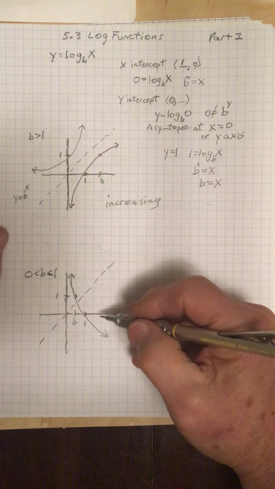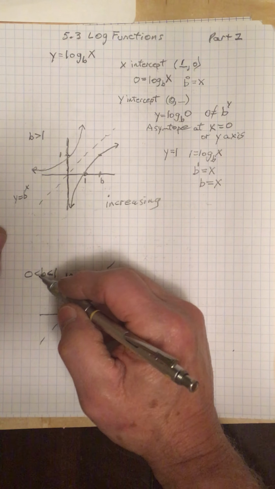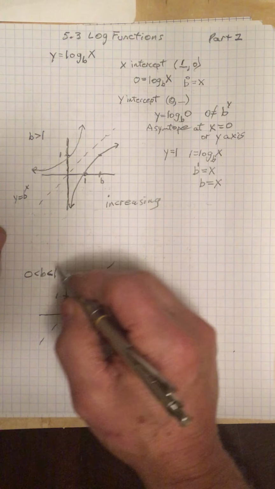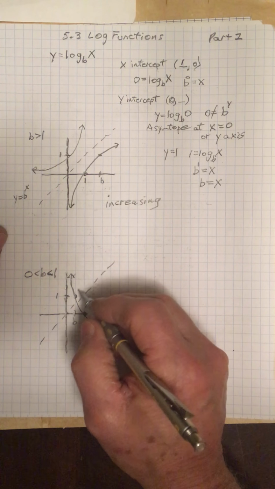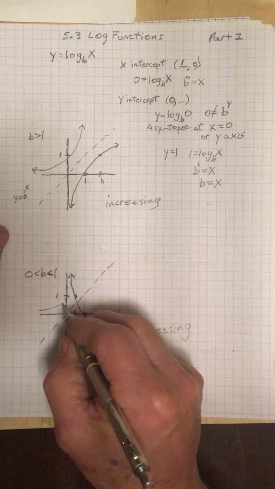Likewise, for this graph, a little more difficult to see, this one is a decreasing graph, and it kind of looks like this.